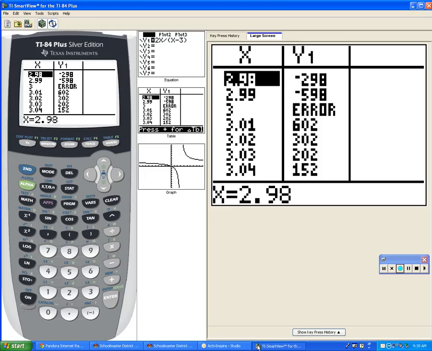Bigger. Okay. What does it appear these numbers are doing? Increasing without limit. Okay, I'm guessing if we change this to 0.001, we'd get a bigger number than 602, and so forth.